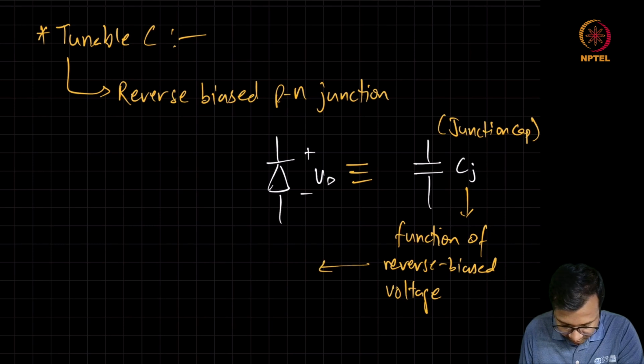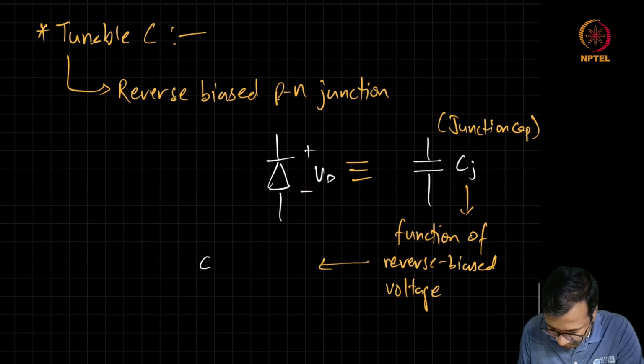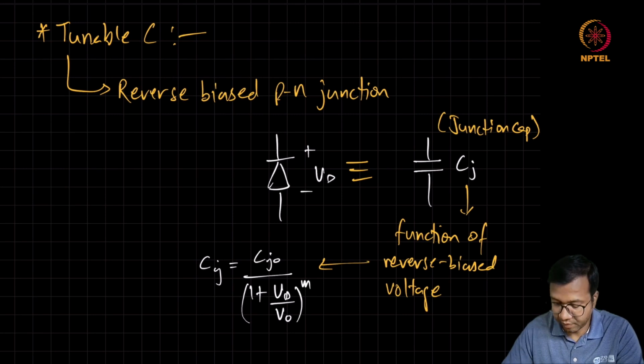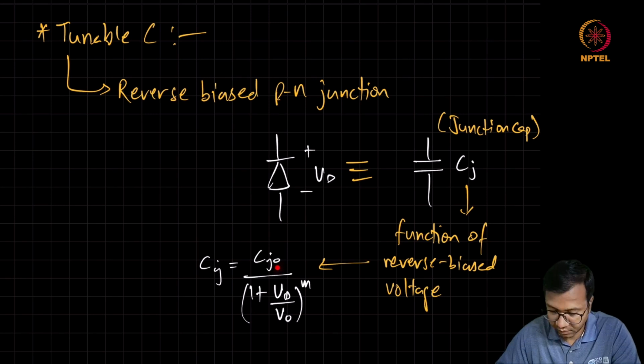And this relationship approximately can be shown as CJ equal to CJ naught divided by (1 plus VD by V naught) with some exponent M. So this CJ naught is the capacitance when VD is 0, and when we start increasing the VD, this is reverse biasing, then the junction cap keeps on decreasing because the depletion region starts widening.